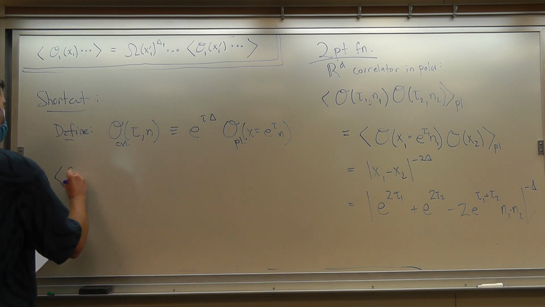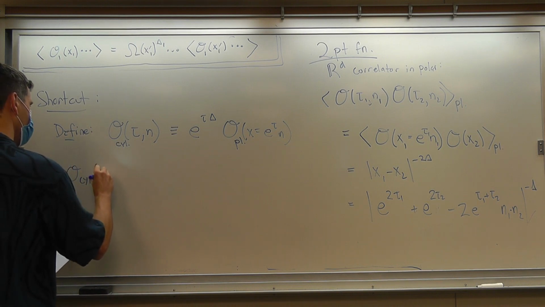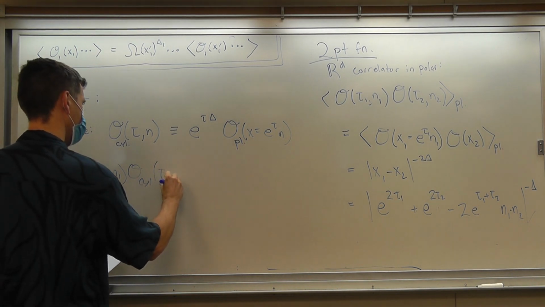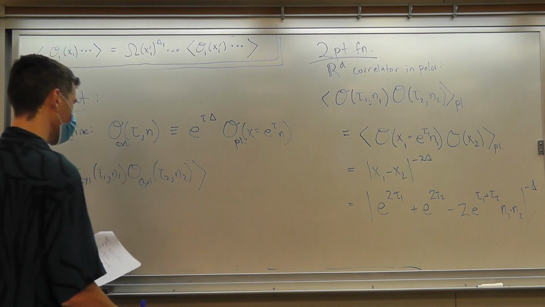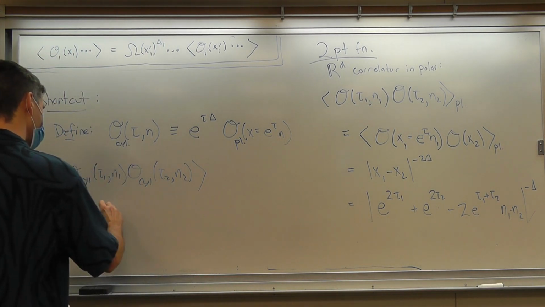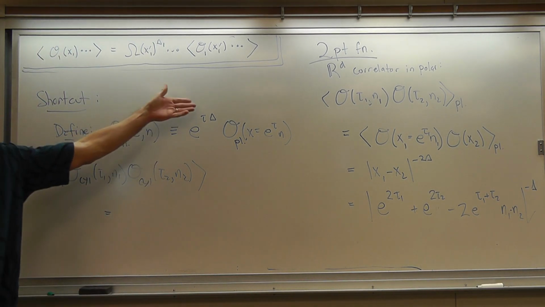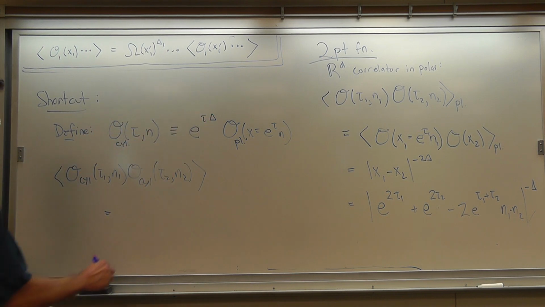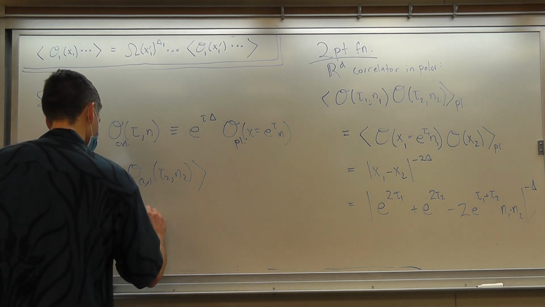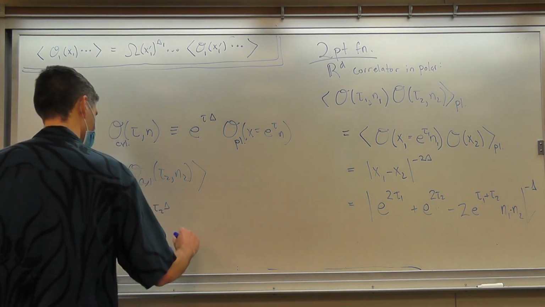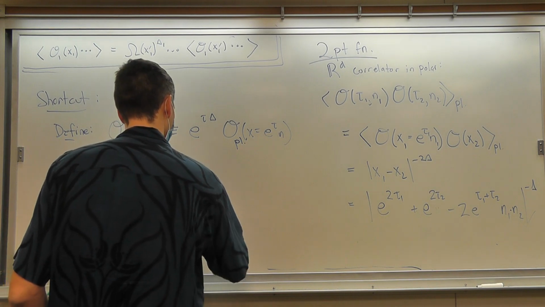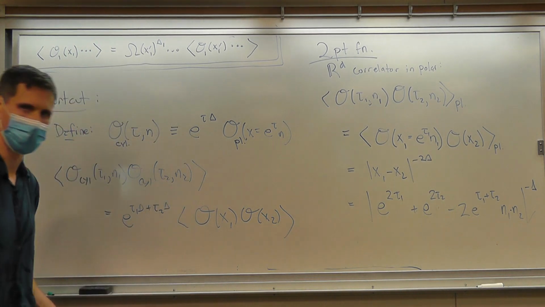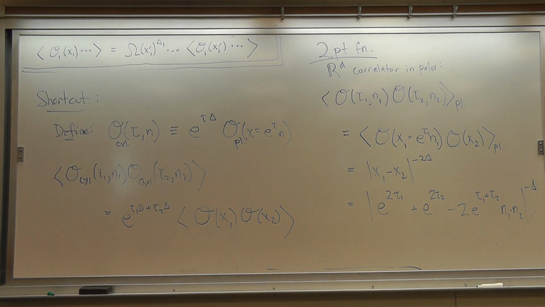And then O sil tau 1 n1, O sil tau 2 n2, you can calculate just by substituting this definition. You just plug in the definition, and you get e to the tau 1 delta plus tau 2 delta O of x1, O of x2, which is exactly the answer we had earlier.